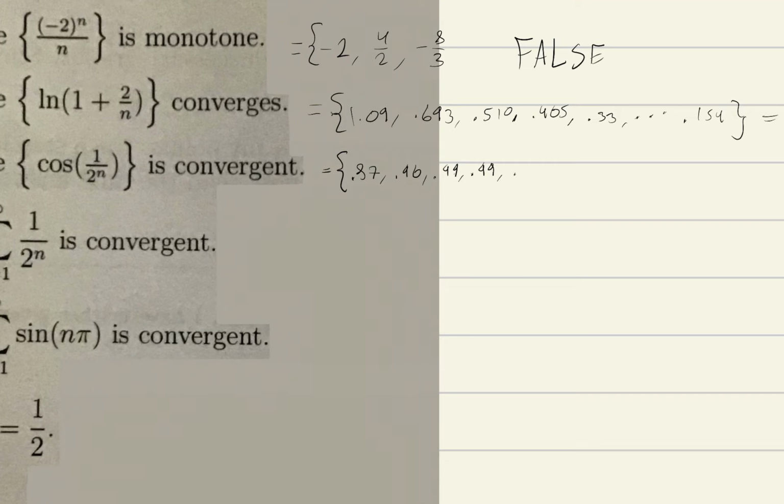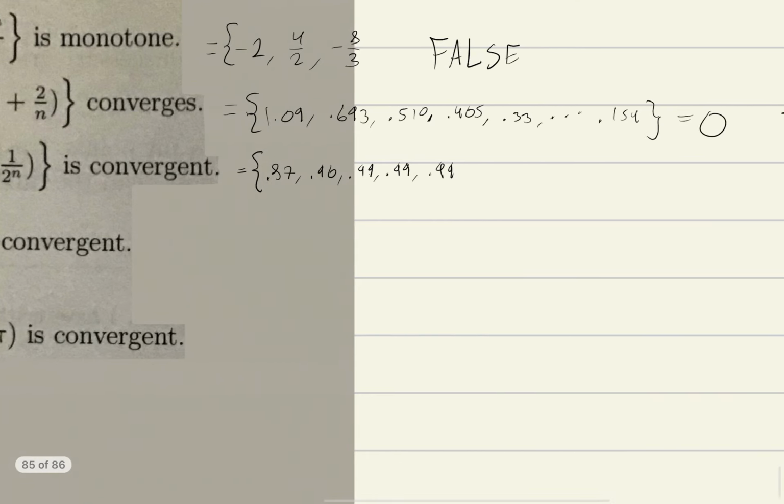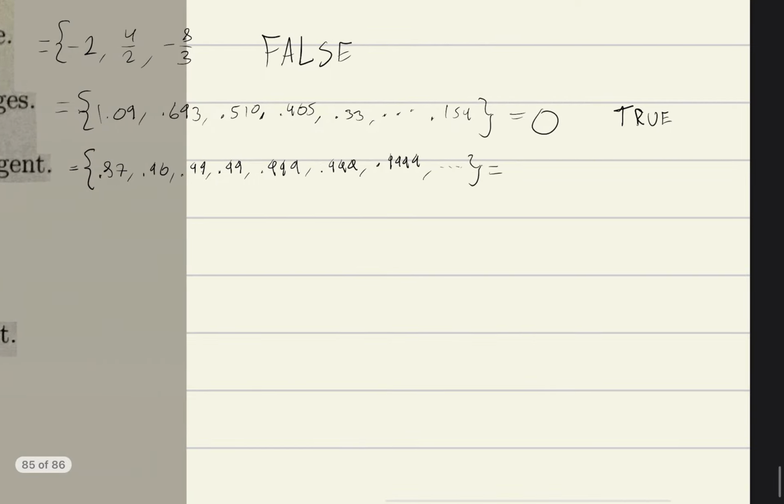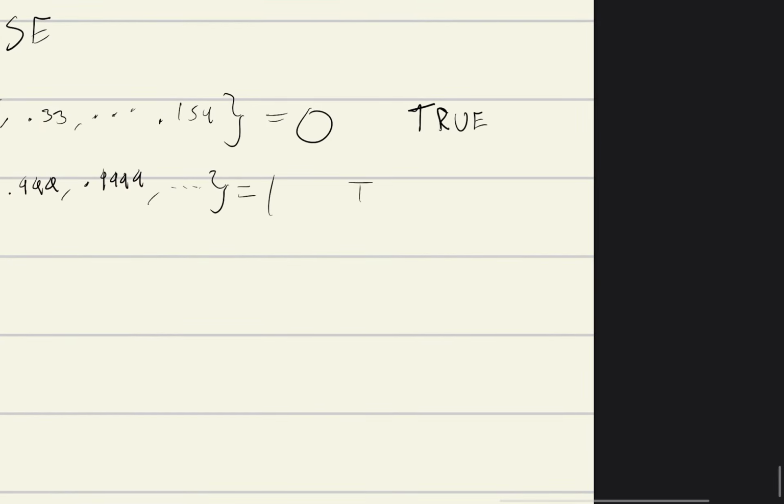At 5, we get 0.999. At 6, we get 0.999. At 7, we get 0.9999. We can say that this will eventually reach 1, which would make this convergent, meaning it's true.